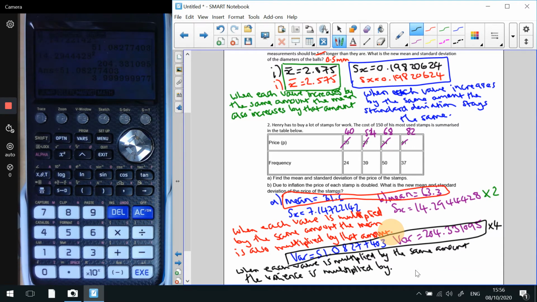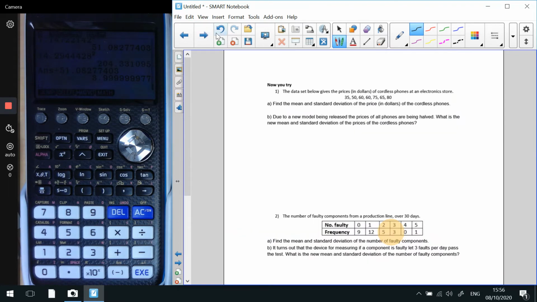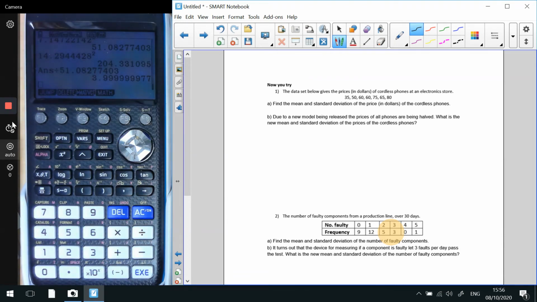However, I do want you to try the 2 questions on the next page and see what you find, and see if the multiplication one can give us more of an idea of what happens when we multiply each value by the same amount. So I'd like you to pause the video if possible and give the Now You Try question a go.